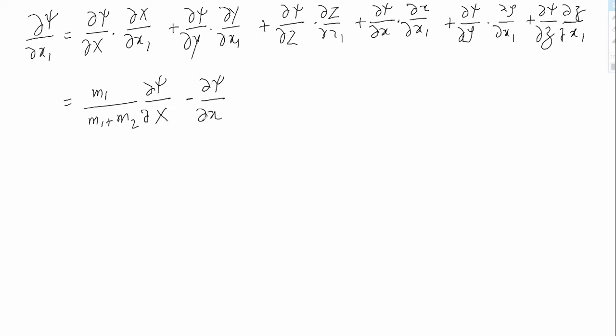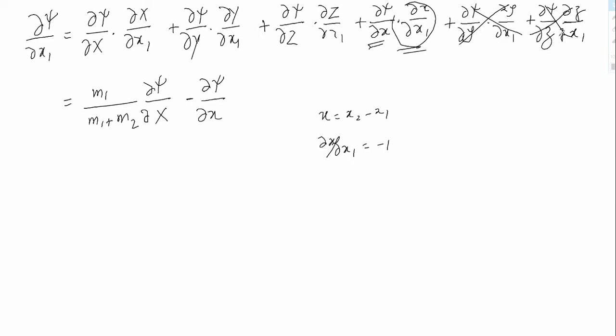delta psi by delta x, okay, because you have x is equal to x2 minus x1, and delta x by delta x1 is minus 1. Similarly, the other quantities, since y and z do not depend upon x1, will not contribute.